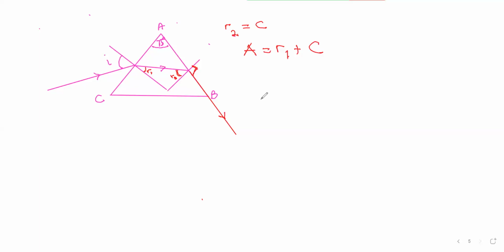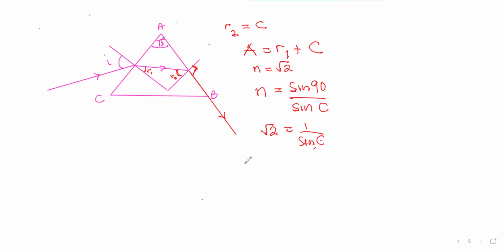How do we determine R1? We are told that the refractive index of the material is equal to root 2. Therefore, the refractive index is equal to sine of 90 over sine of R2, which is the same as the critical angle. And if we have the refractive index, we can easily find the critical angle.